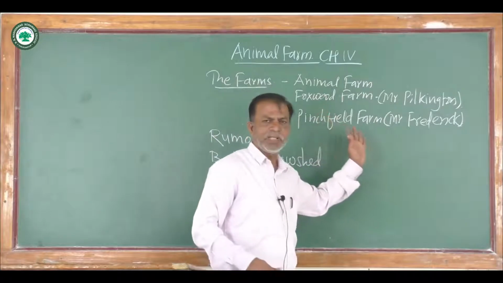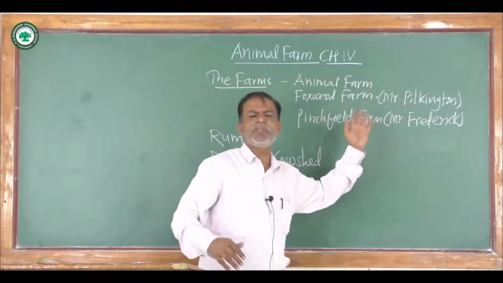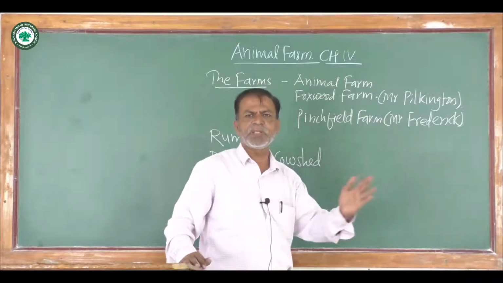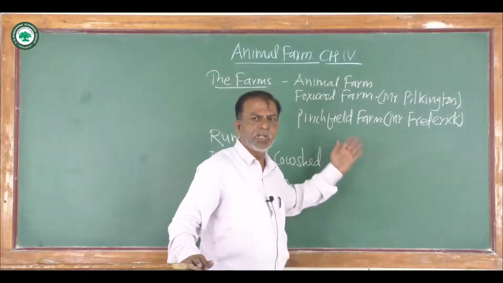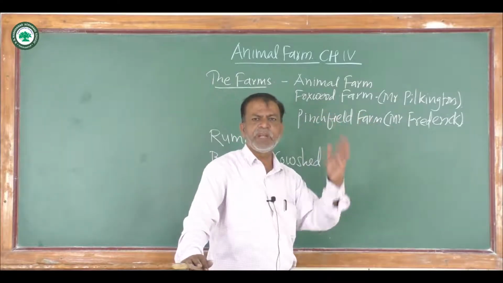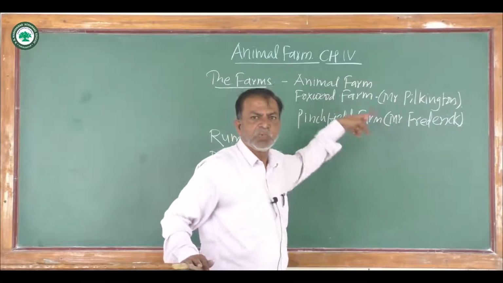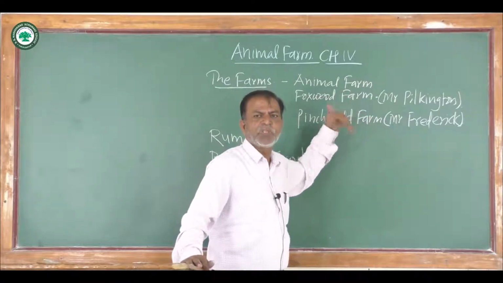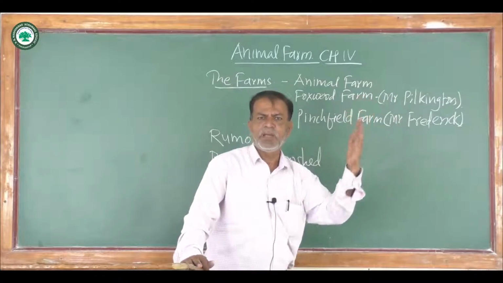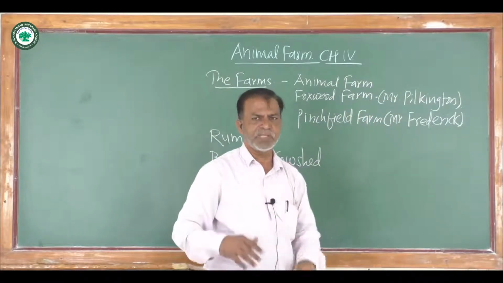The second one is Foxwood Farm, and the owner of this Foxwood Farm is Mr. Pillington. The third farm is Pinchfield Farm, and Mr. Frederick is the owner of this farm. These 2 farms are the adjoining farms of Animal Farm. What is adjoining? That is neighboring farm, we say.